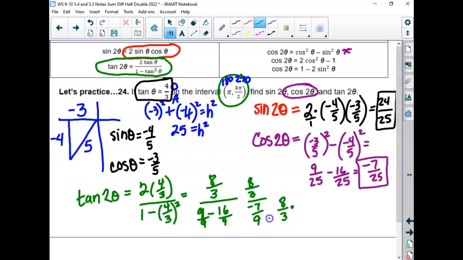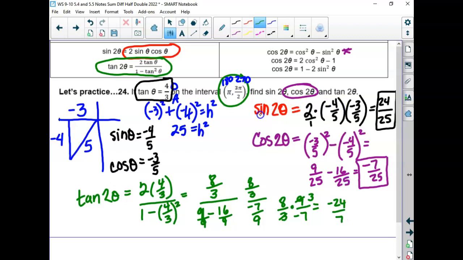Right now it's divided by negative 7/9, so it would be times 9 over negative 7. Which this is going to reduce, and you get negative 24/7. Can I show you the short way? Because it's way easier than that. Sorry, I went really fast because there's an easier way to do it.